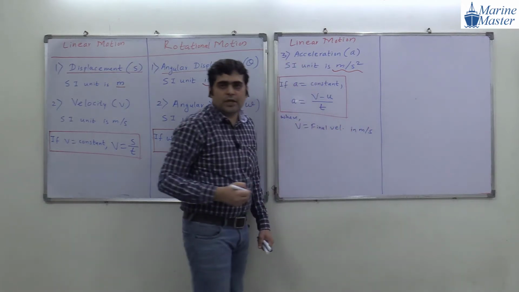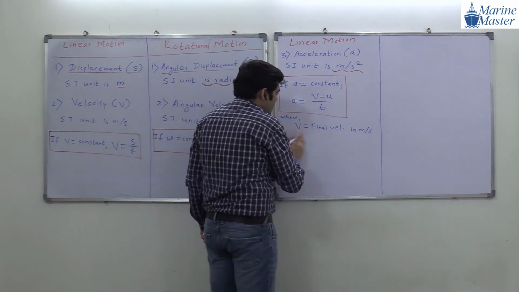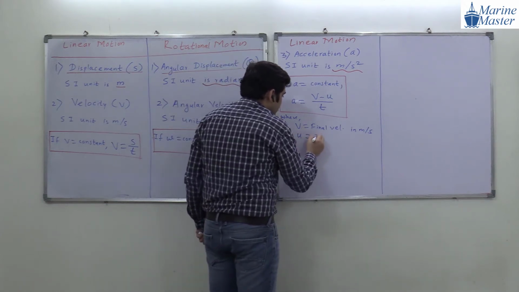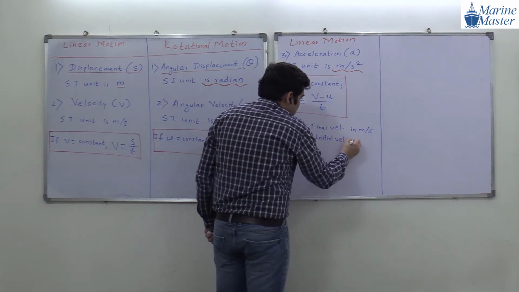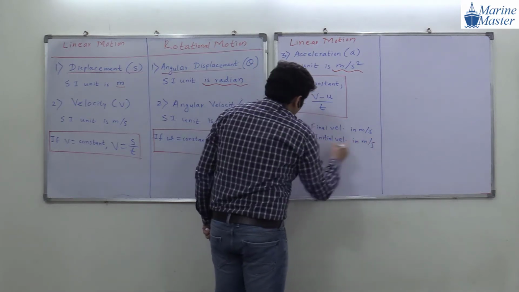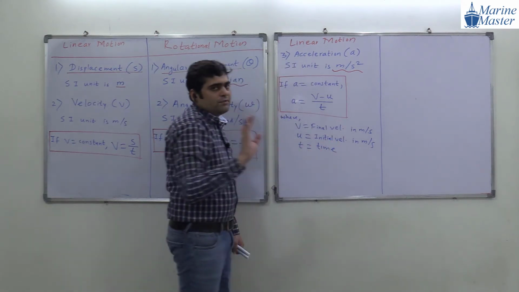U stands for the initial velocity, again in meter per second. And t means time.